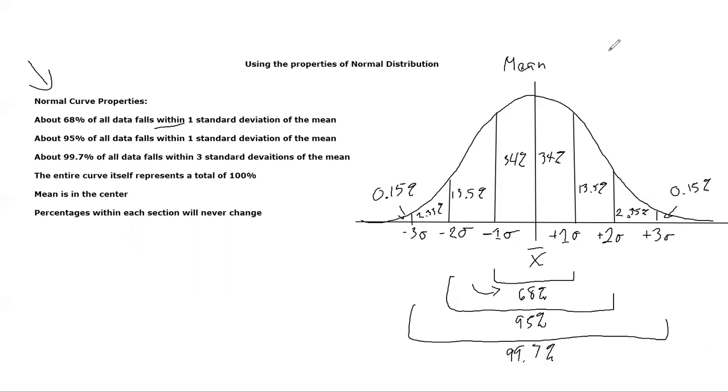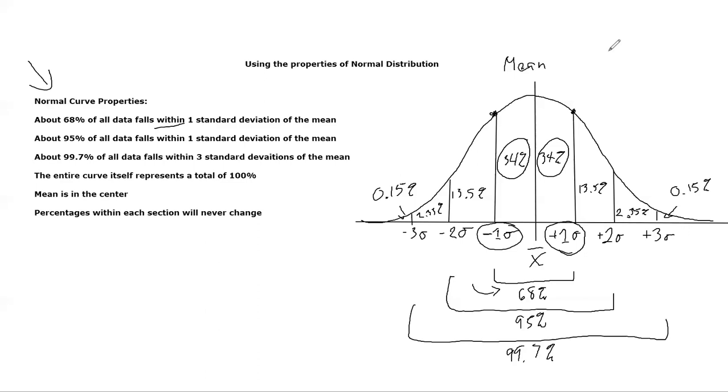Now, if you notice, there are certain percentages. You see this percent right here? I know it might be hard to see, but these two are 34% each. The mean is in the middle, and this is going to be plus one standard deviation, and this is minus one standard deviation. These are borders. I'm going to put a dot here to represent what it is.